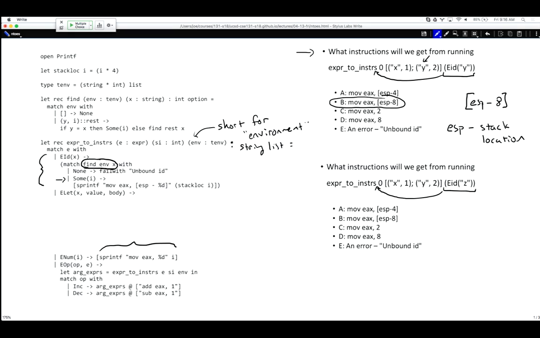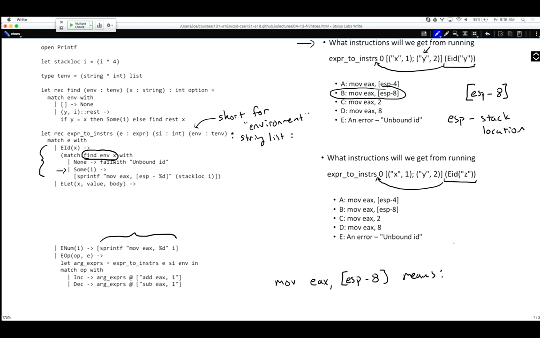Okay? So just to be totally clear, move EAX ESP minus 8 means put the value at the address ESP minus 8 into EAX.